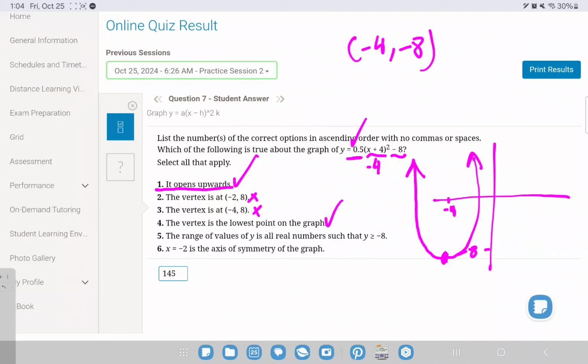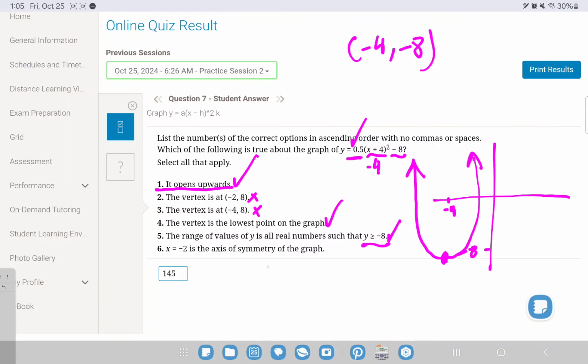So this is true. The range of values is all real numbers such that y is greater than -8. Yes. Since this is the lowest point and it's opening upwards, y is everything above -8, because -8 is the lowest point. Since y is everything above -8, this is true. This is your range.